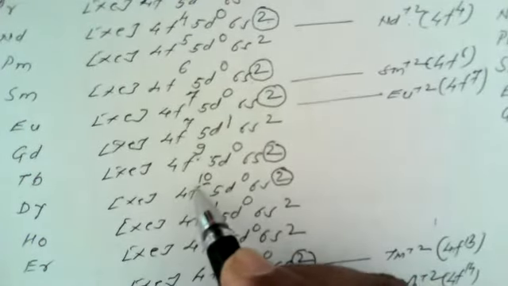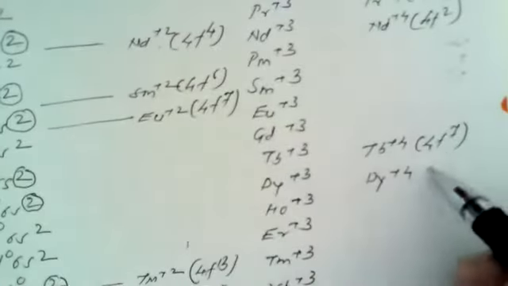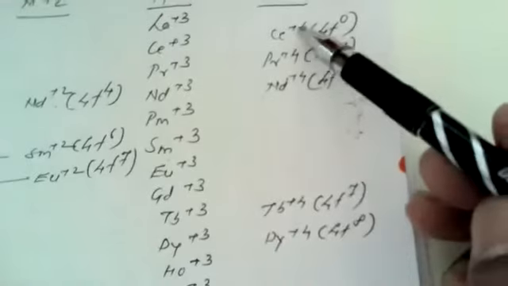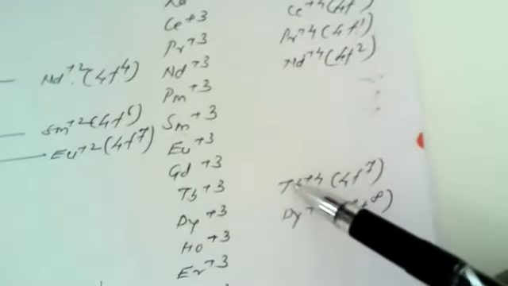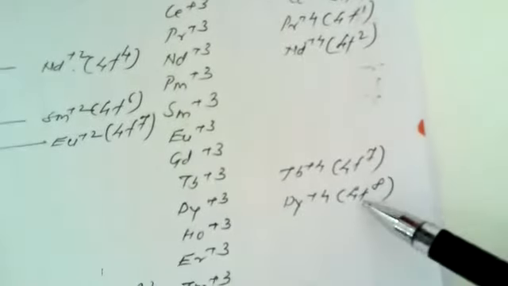So after the loss of 2 electrons from 4f10, remaining electrons will be 8. So we can write this as 4f8. So these are the 5 members: cerium, praseodymium, neodymium, terbium and dysprosium. They show f0, f1, f2, f7 and f8 configurations respectively.